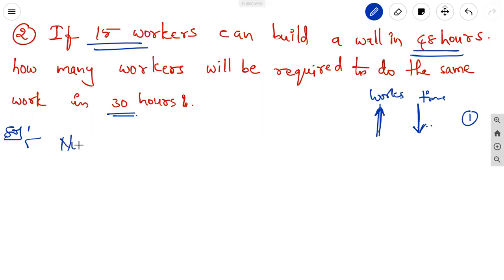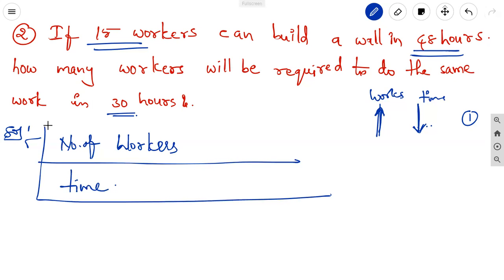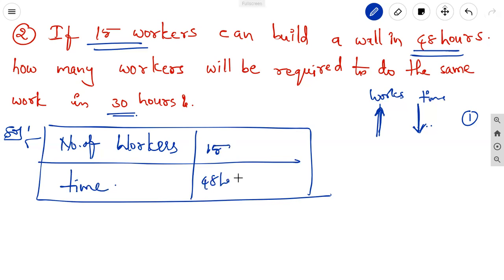Here we can take the table from the given data, number of workers and time. 15 workers complete the wall construction in 48 hours. How many workers do we need to complete the work in 30 hours? The number of workers is the x variable, time is the y variable.